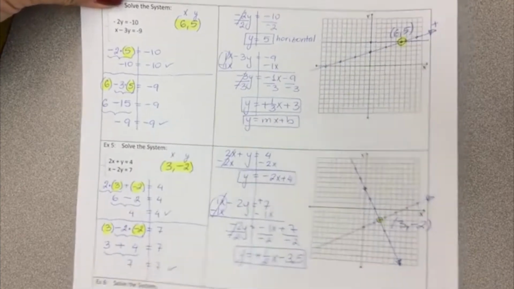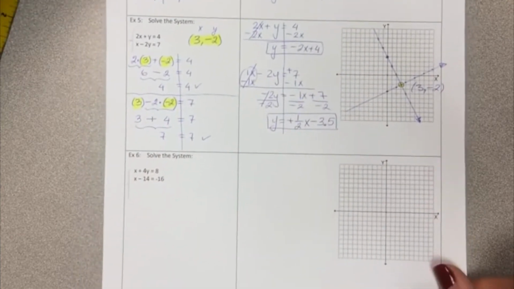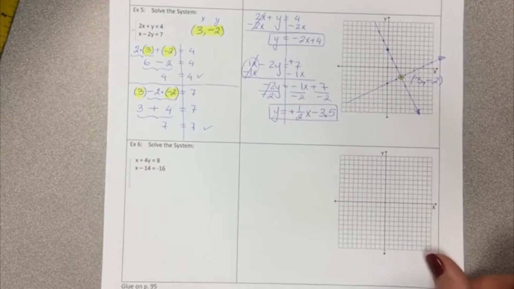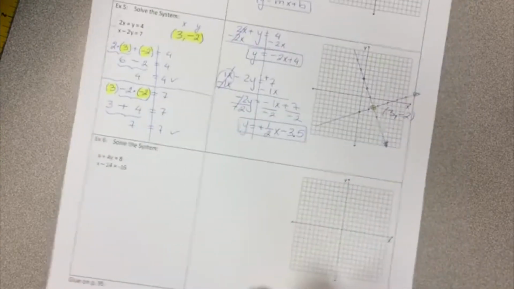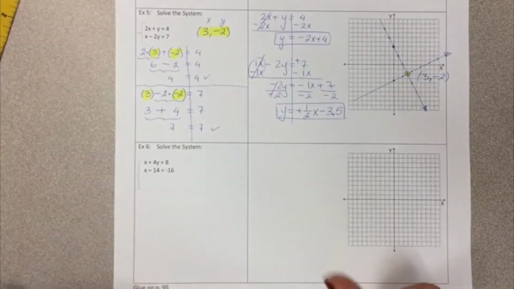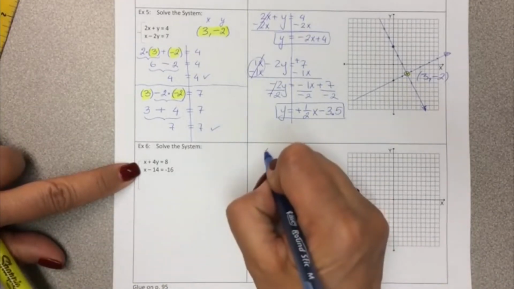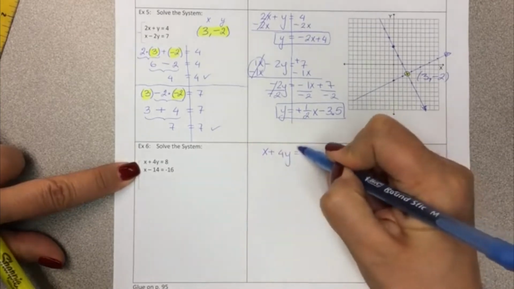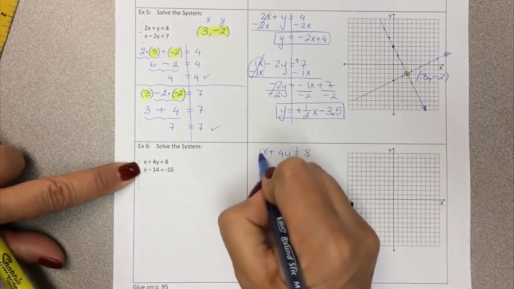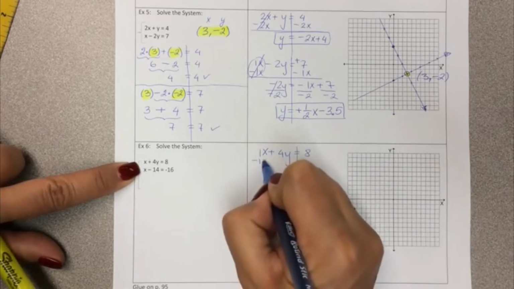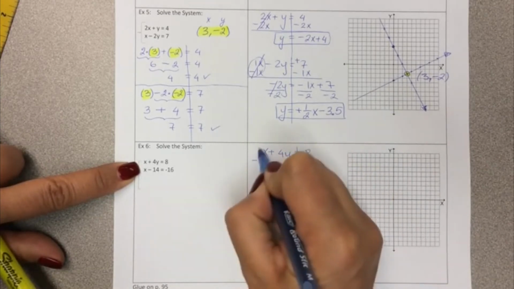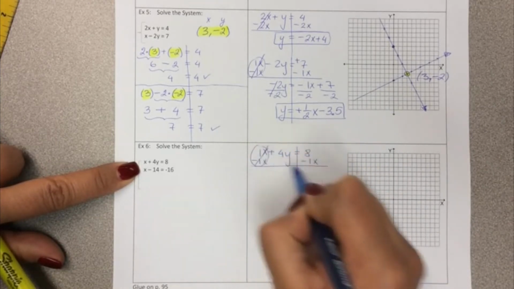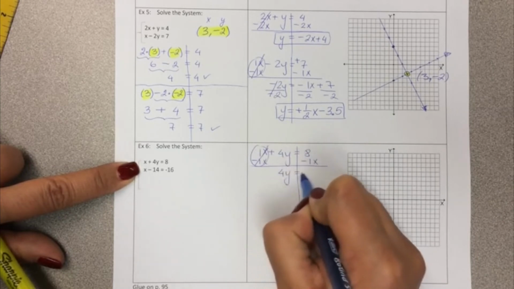And one more detail for horizontal and vertical lines in example number 6. X plus 4y equals 8, the first equation. 1x, we subtract from both sides using inverse operation. Bring down the 4y positive.